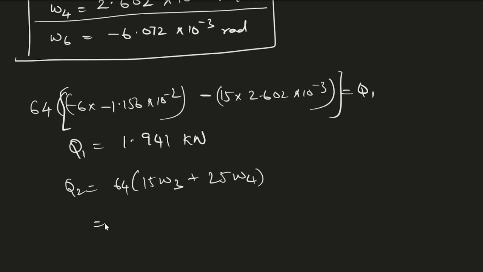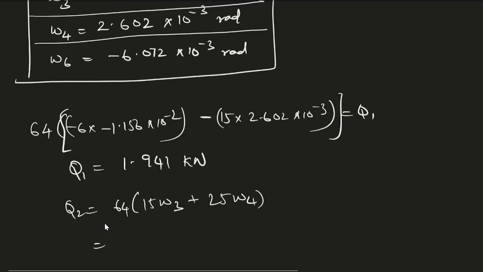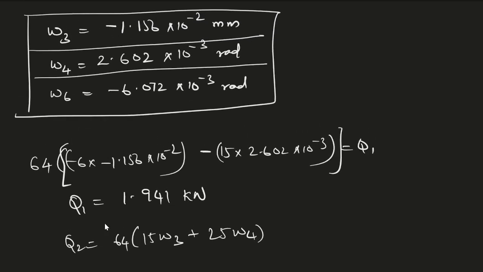Let me check the values. 15 into W3, which is minus 1.156 into 10 power minus 2, then plus 25 into W4, which is 2.602 into 10 power minus 3, multiplied by 64.